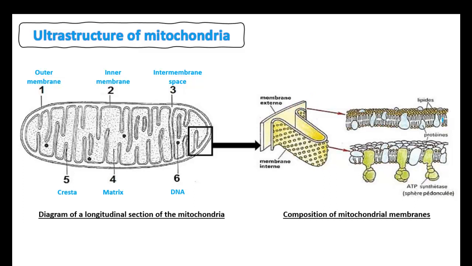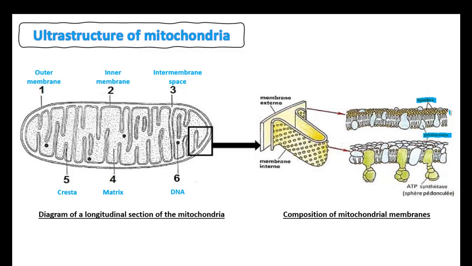The outer membrane is composed of lipids and also of proteins. This makes the outer membrane of the mitochondria so similar to the membrane of the cell, which is also composed of lipids and proteins.